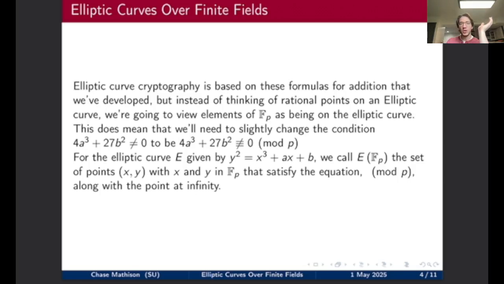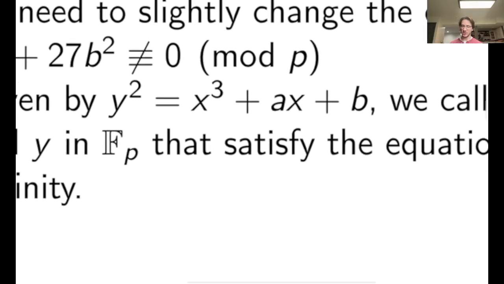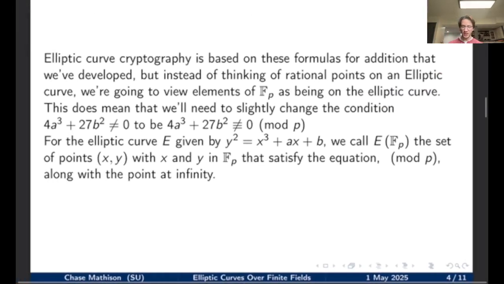So we're going to choose a prime number, just like with everything else. Prime numbers, you can't get away from them in cryptography. And we're going to look at the points on this elliptic curve that satisfy the equation y squared equals x cubed plus ax plus b, but only for points x and y that are elements of FP. Okay.